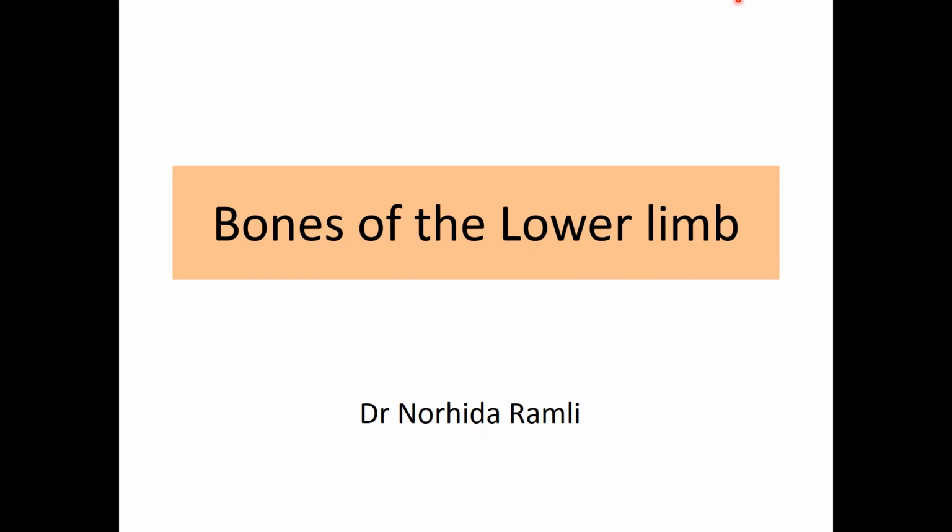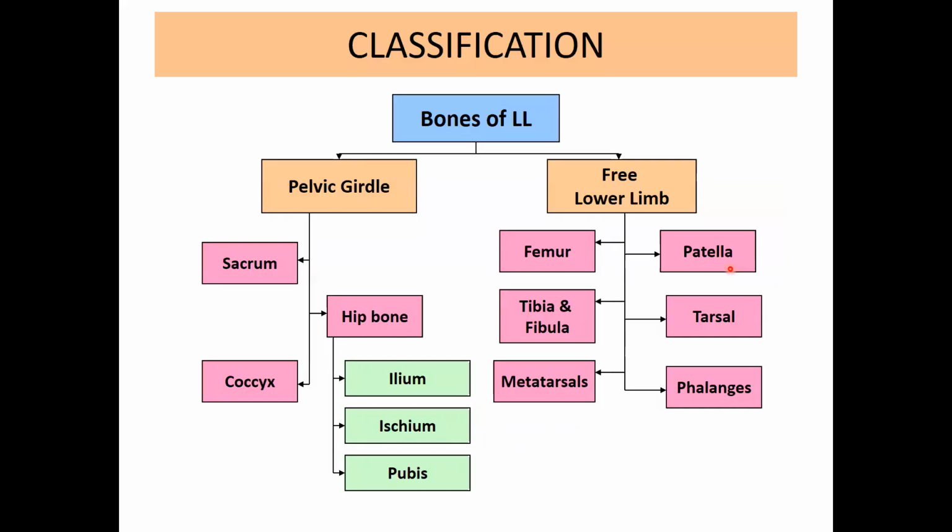Okay, I'm going to talk about the bones of the lower limb. The bones of the lower limb can be divided into two. Number one is pelvic girdle, and number two is free lower limb. So pelvic girdle consists of these three bones: the sacrum, coccyx, and also hip bone.